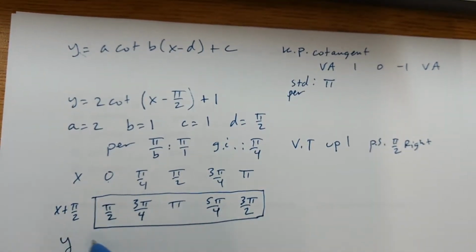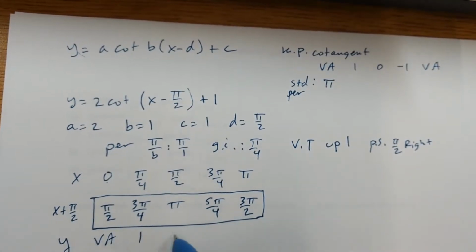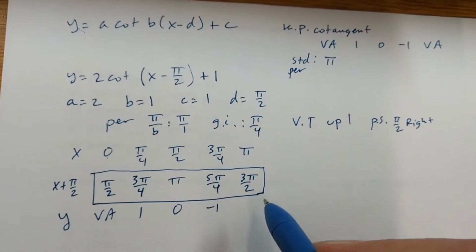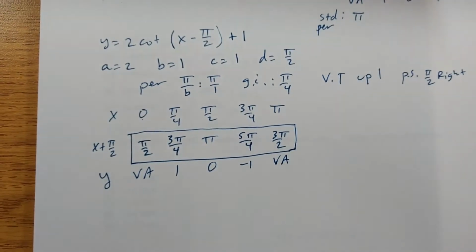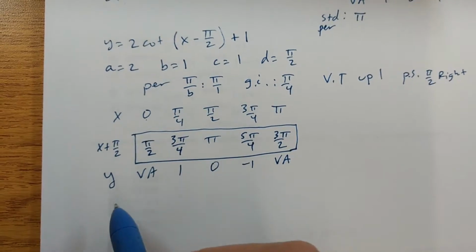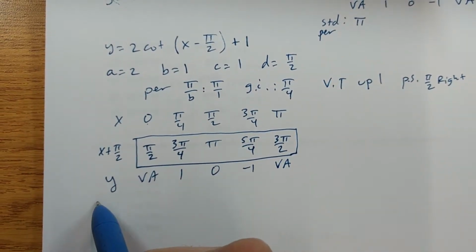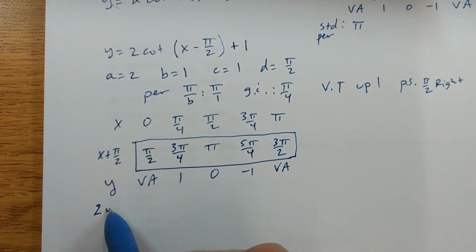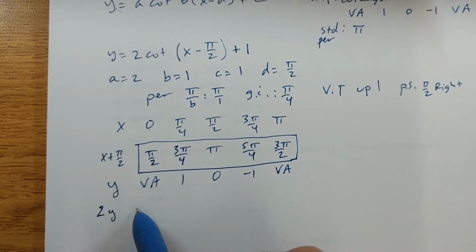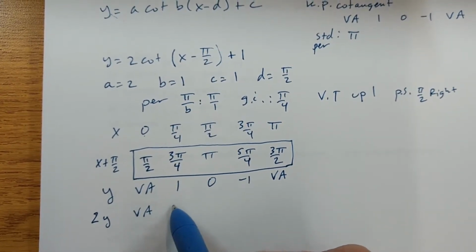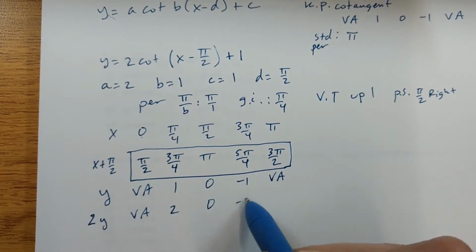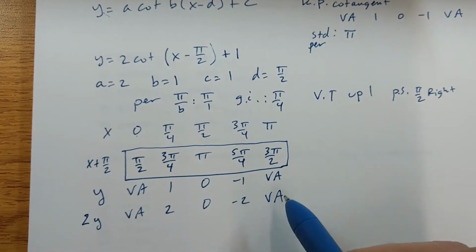Our y values will be vertical asymptote, 1, 0, -1, and vertical asymptote for the cotangent function. And then we need to multiply these by 2, so we'll go 2y. A vertical asymptote is just a vertical asymptote. 1 times 2 is 2, 0, -2, and then another vertical asymptote.